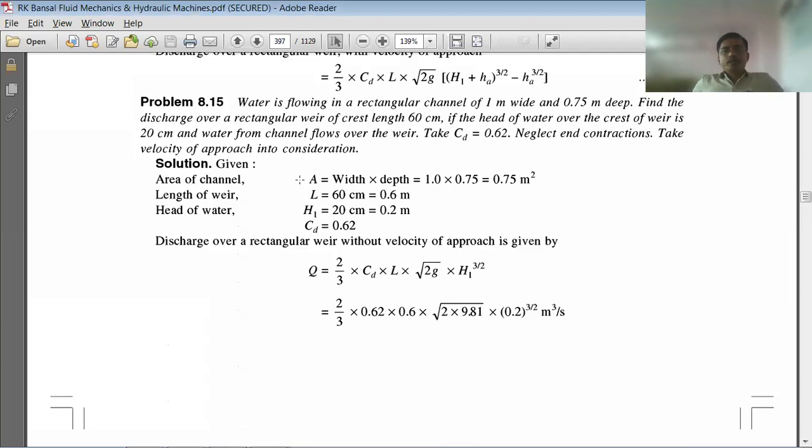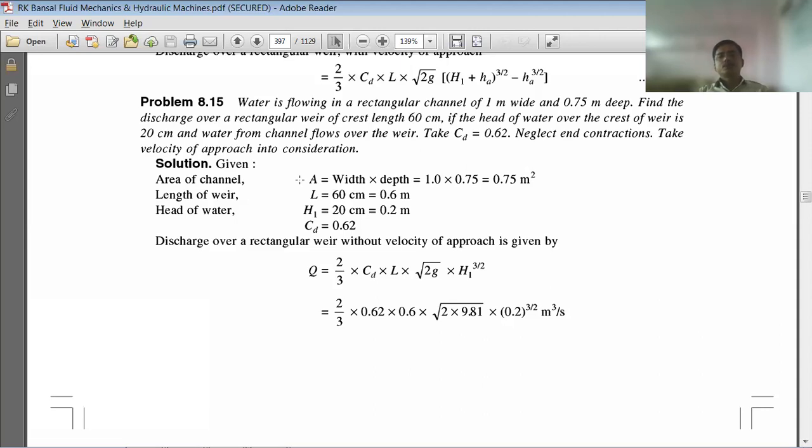Water is flowing in a rectangular channel of 1 meter wide and 0.75 meter deep. Find the discharge over a rectangular weir of crest length 60 centimeter.